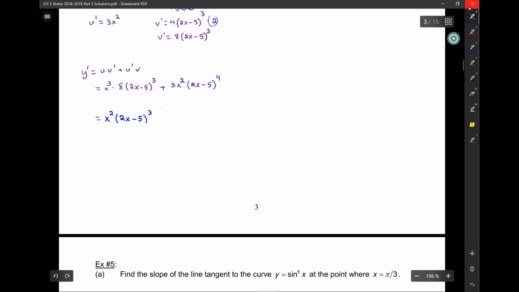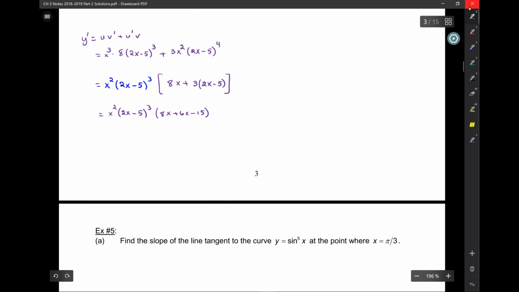So what is it that we have left? What do I have left here? I have x times 8, which is 8x, plus here I have a 3 times (2x minus 5). So x squared, (2x minus 5) cubed, (8x plus 6x minus 15). Right.